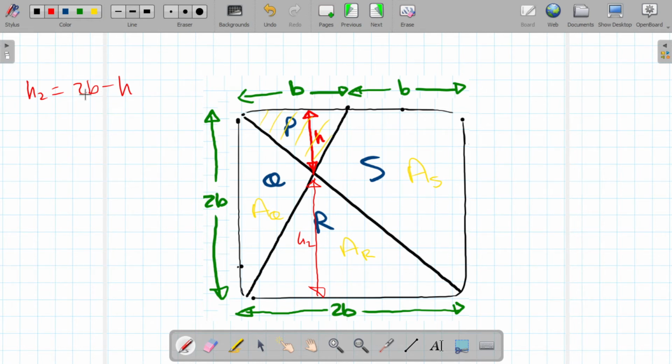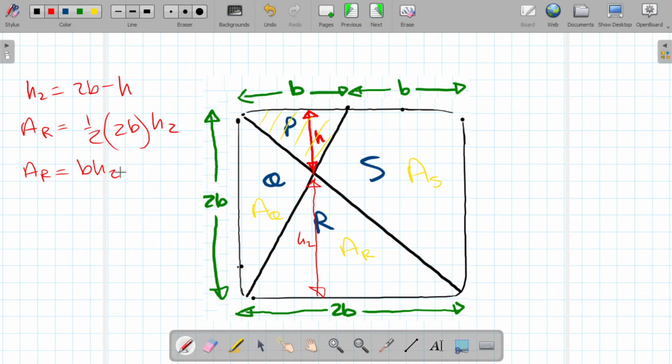We know that the area of R is equal to a half base times height. In actual fact, the base is 2b, isn't it? 2b times h2. So the area of this triangle is a half of 2b times h2. So A of R is equal to BH2.